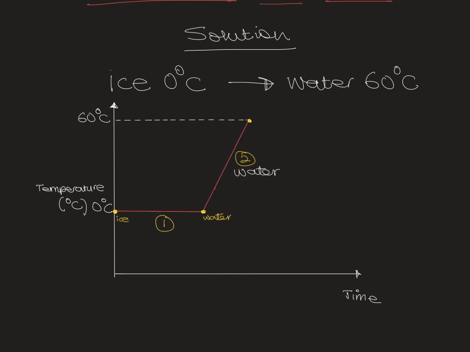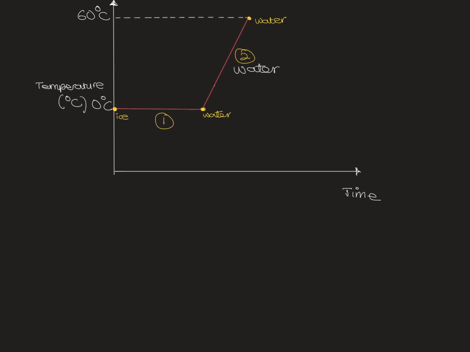So the first stage is about ice at 0 degrees being converted to water at 0 degrees Celsius. The second stage is water at 0 degrees being converted to water at 60 degrees Celsius. So let's first try to find the energy that is involved during the first stage.